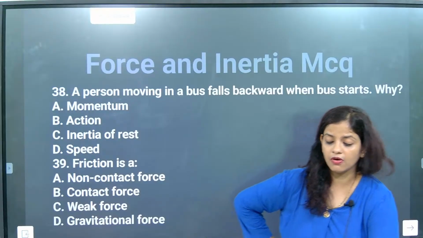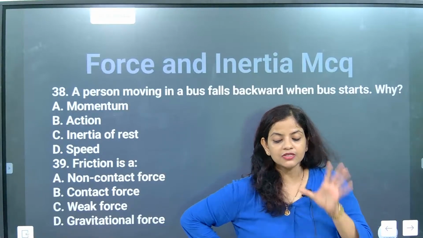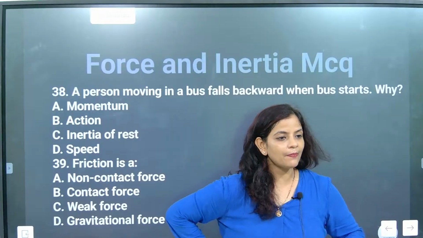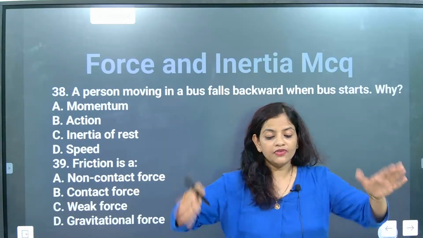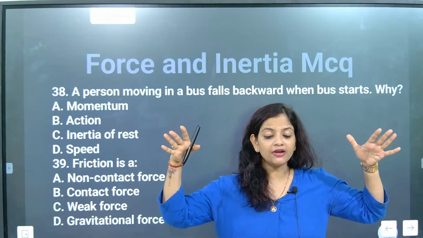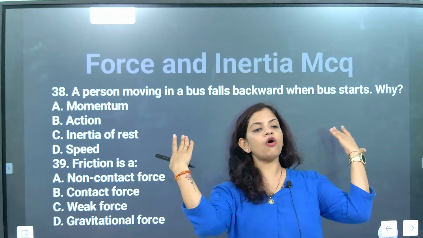Beta, why? Because the body is at rest when the bus is exactly in a stopping position. Suddenly the bus will start. What will happen? The lower part of the body, which is in contact with the base, comes in motion, but the upper part remains at rest. And the upper part remaining at rest means you will go backward.